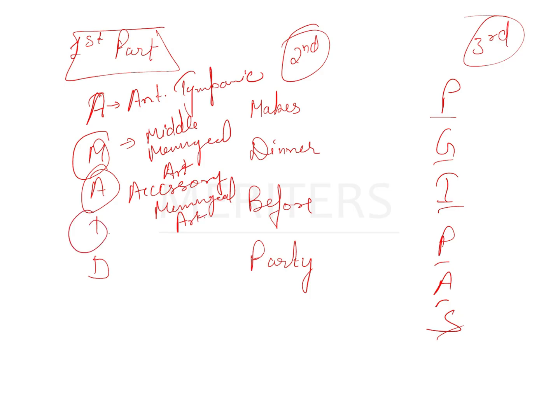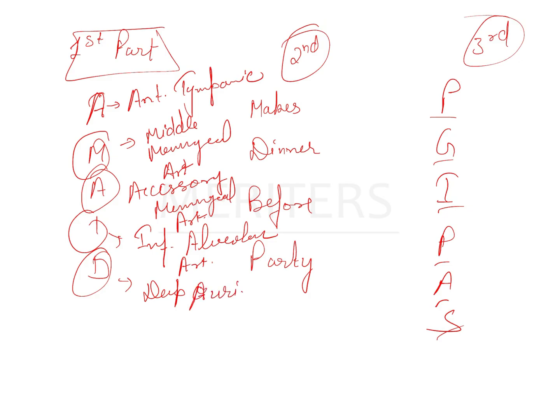I here stands for the inferior alveolar artery. And D here stands for the deep auricular artery. Same way, we'll read about the second part.